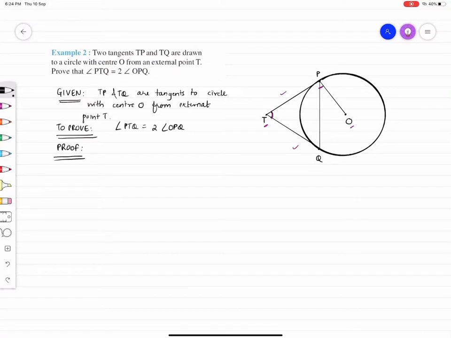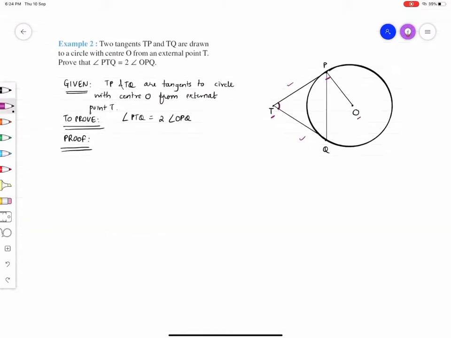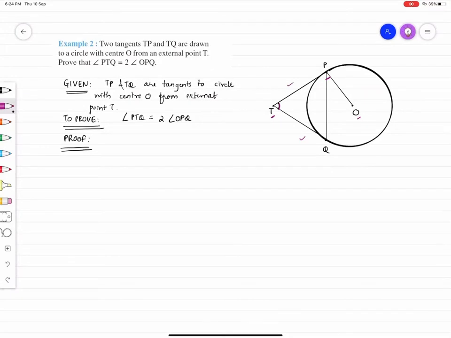My suggestion is always to begin with what we are given. So we have two tangents, TP and TQ, two tangents from an external point T. Therefore, theorem 10.2 is applicable to this.